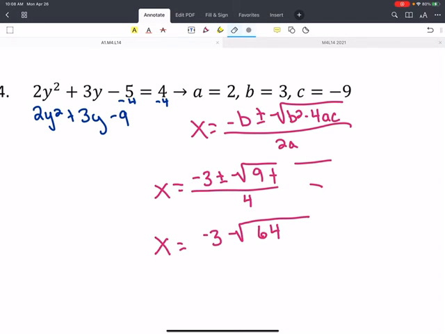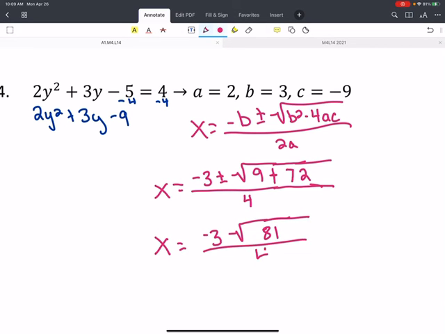That is not 56. Oh, what a Monday it is. That's not 56 at all. We're going to end up with 81 there. My mistake. So let's see. Again, 4 times 2 is 8. 8 times negative 9, positive 72. There we go. Now we can get 81 out of that.